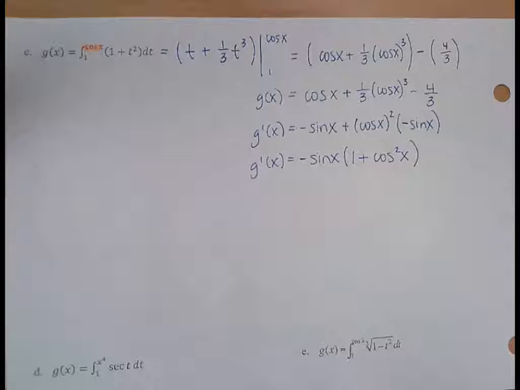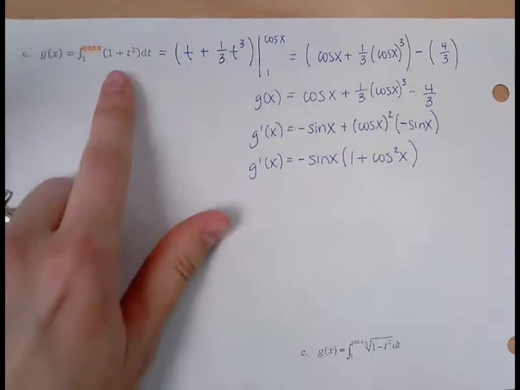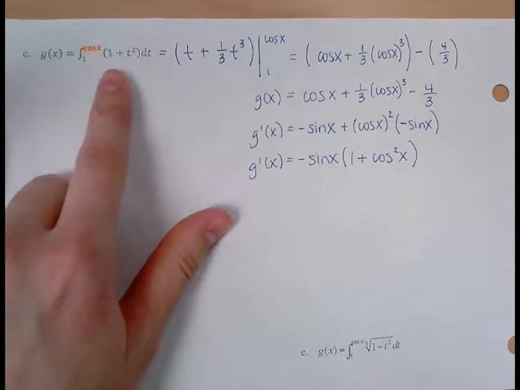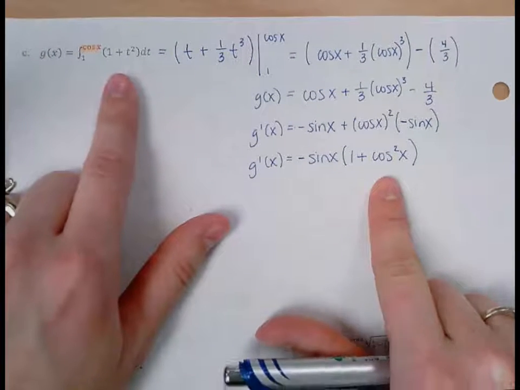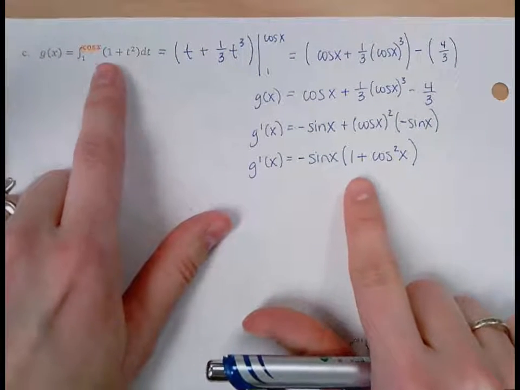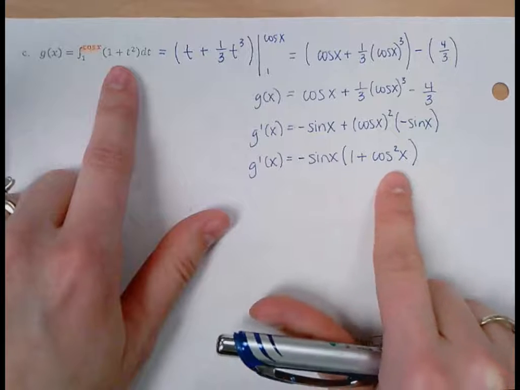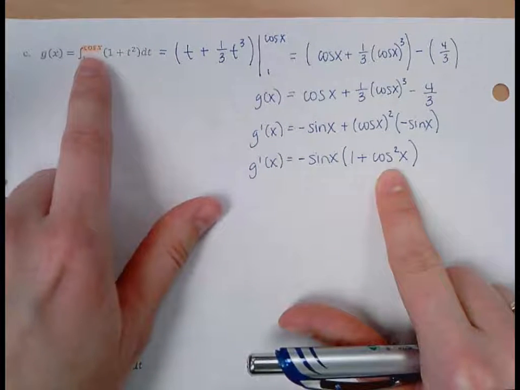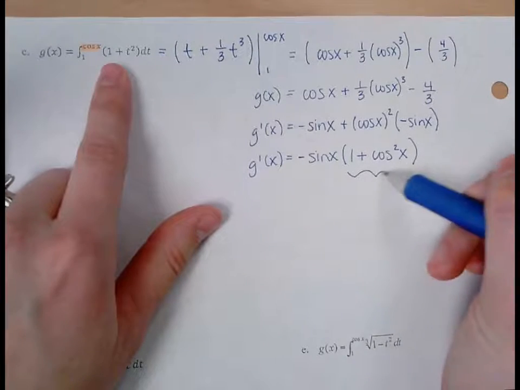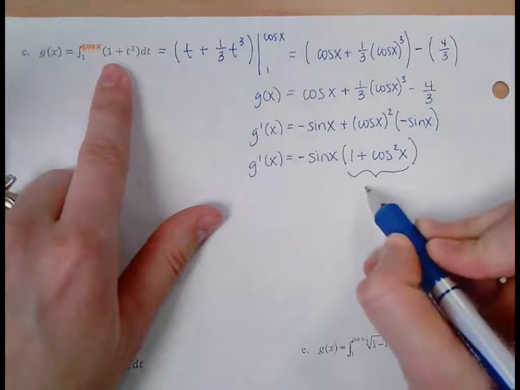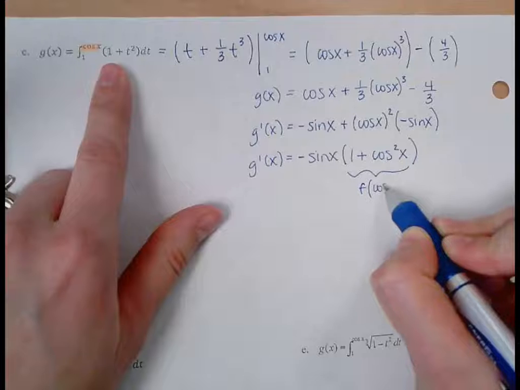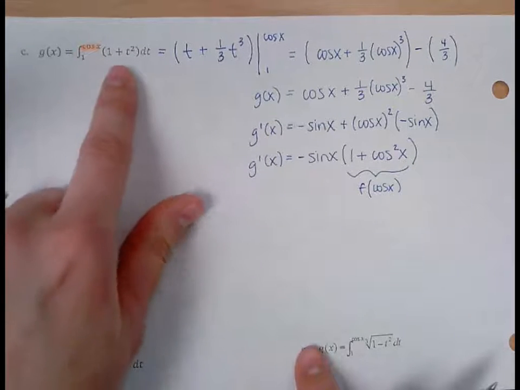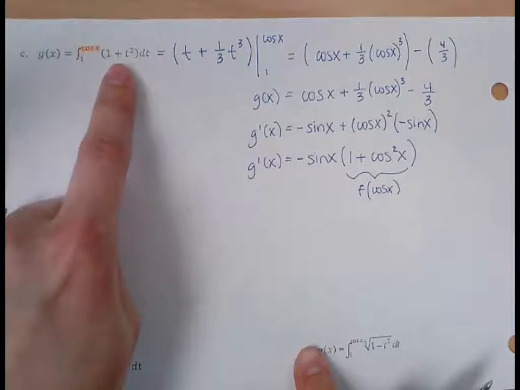Does anybody see a relationship? We can't just say the derivative would be f of x. But notice, instead of having 1 plus x squared, we have 1 plus cosine of x squared, essentially. So this part is really f of cosine of x. It's evaluating our function f by substituting in the upper limit.